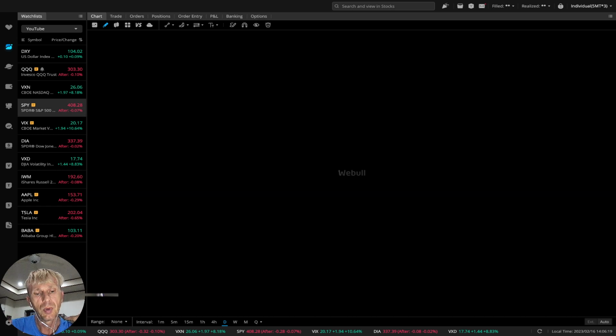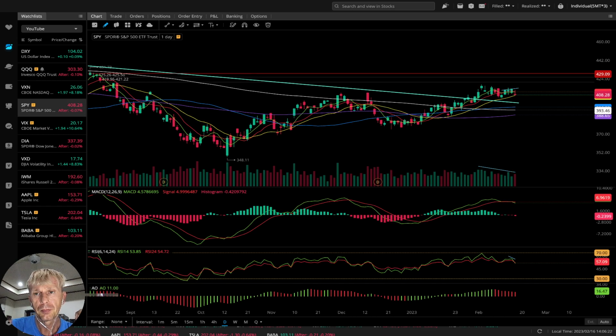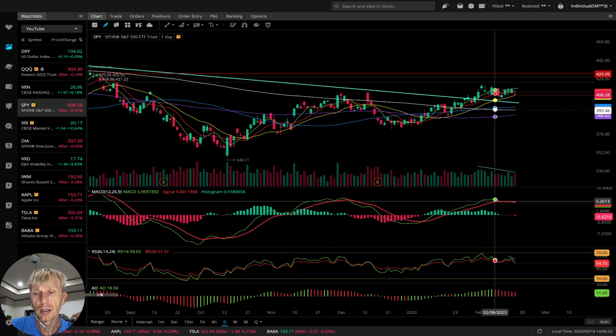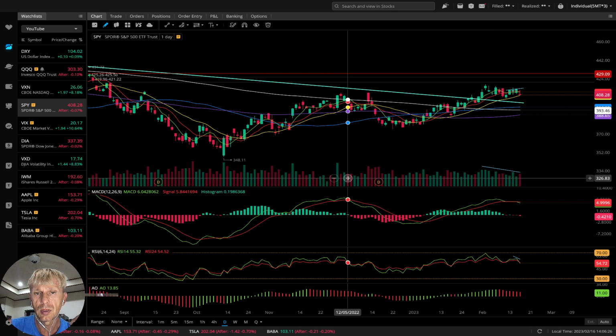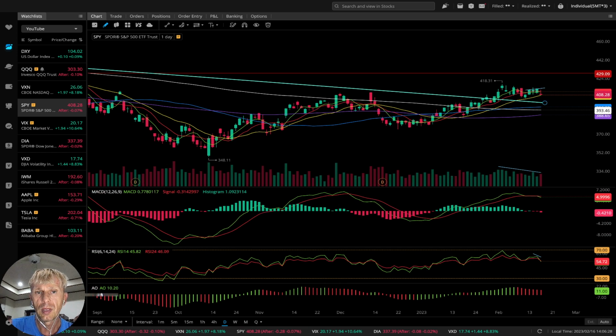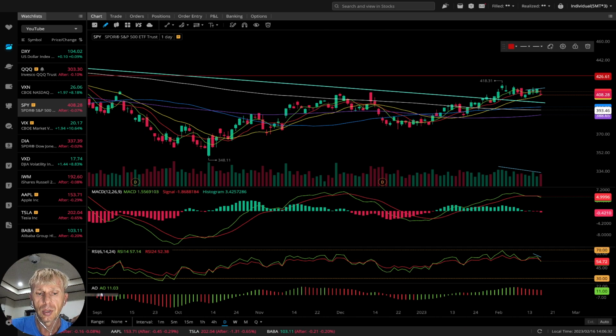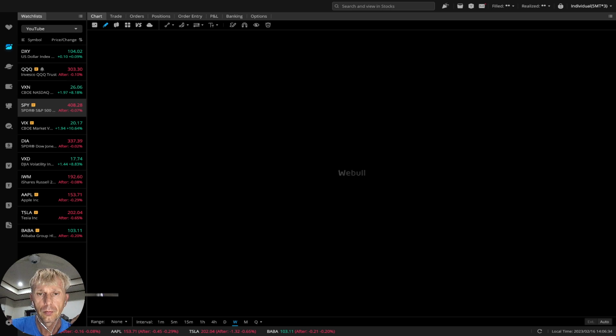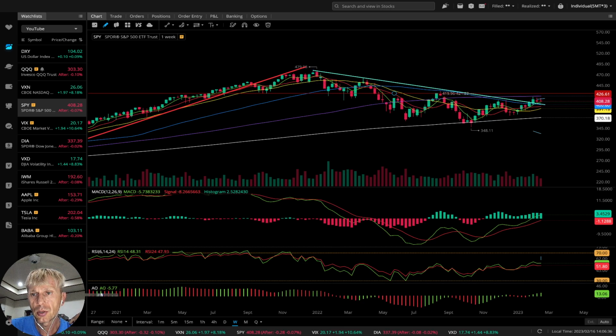Okay, let's move to SPY. SPY daily, MACD did bearish crossover. Let me maximize the same. On moving averages, green line, it's a major trend line. Let me check also. Yeah, it's a major trend line. Let me move it a little bit like this.